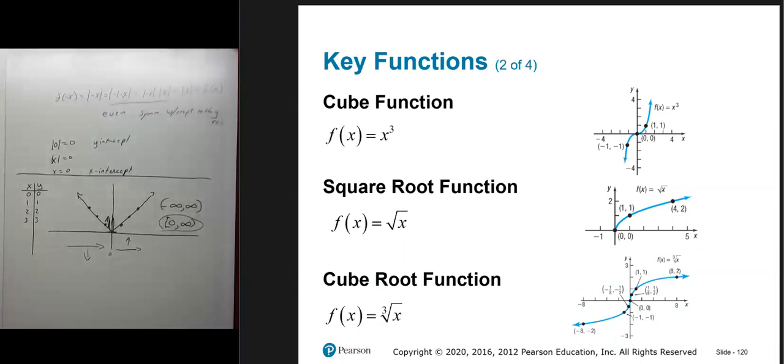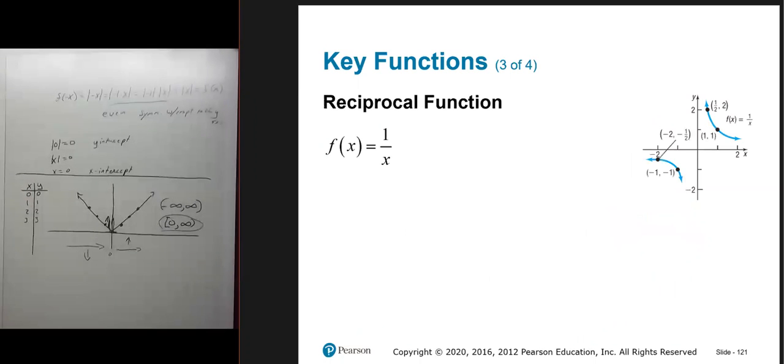The cube root function is an odd function, and has all those properties. And then we have the reciprocal function. The reciprocal function is an odd function, because if I do negative x, then that's going to be 1 over negative x, which is the negative of 1 over x, which is the negative of f of x.